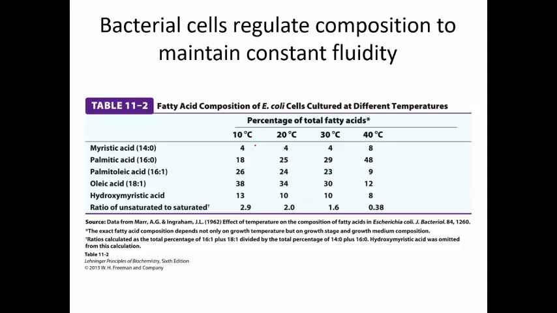So we'll see short things and we will see unsaturated things, right? We see a lot more unsaturated things at this cold temperature compared to the warm temperature, where we see almost all saturated fatty acids. Because at the warm temperature, it's actually trying to make it more ordered. So it's going to put in longer things and more saturated things.